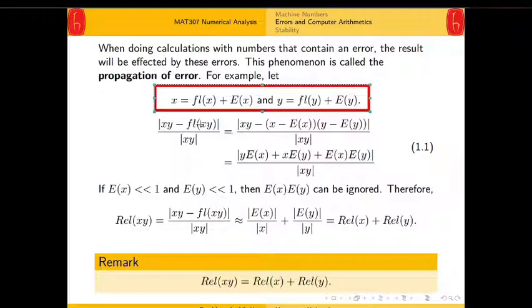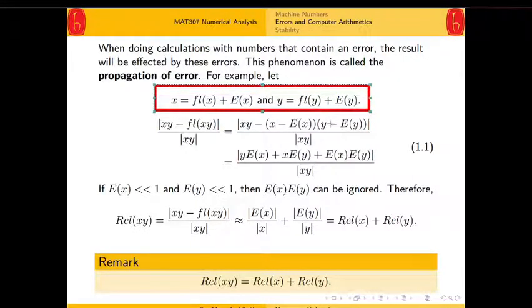And if we substitute x and y values from this line, then we will have x times y minus x times e_x times y times e_y.